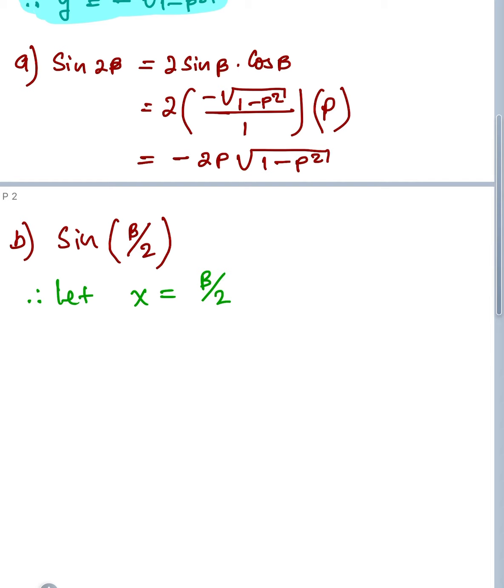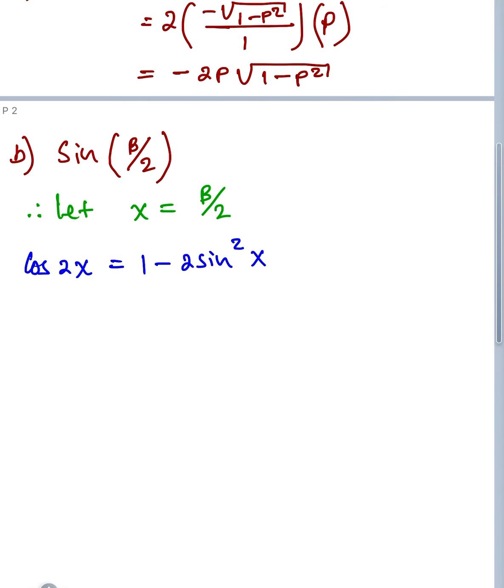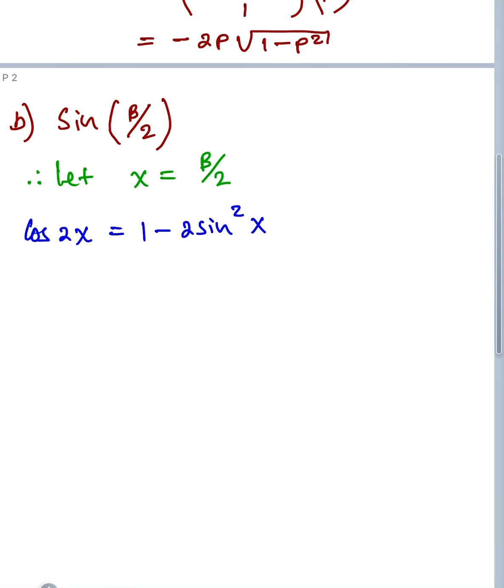Let's check that. This is cos of 2x, which in terms of sine is going to be 1 minus 2 sine squared of the angle x itself.